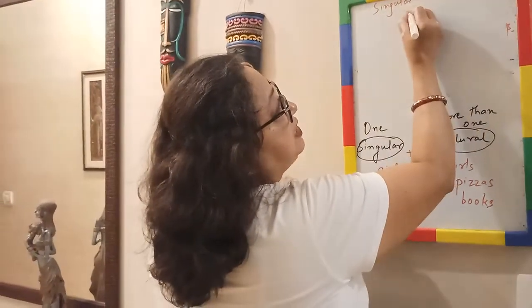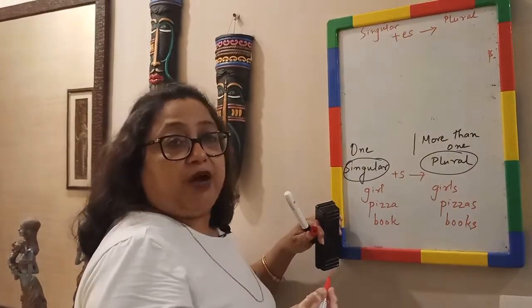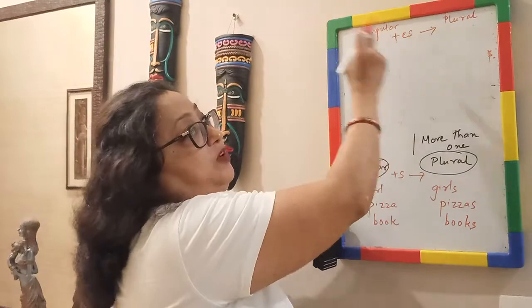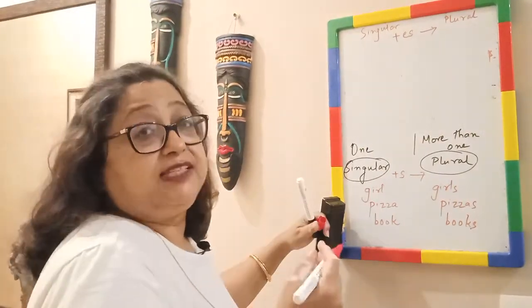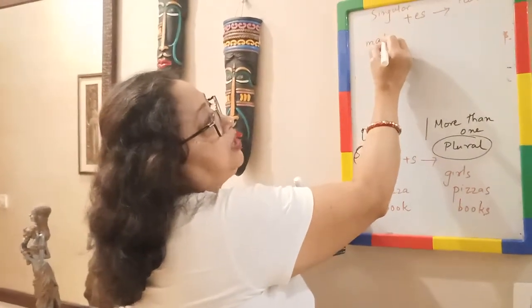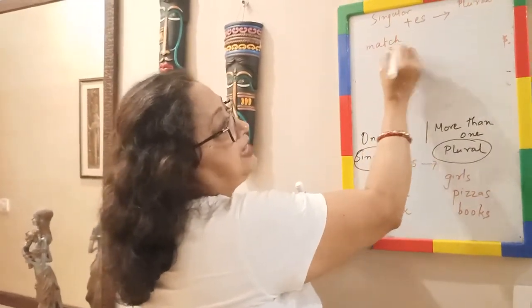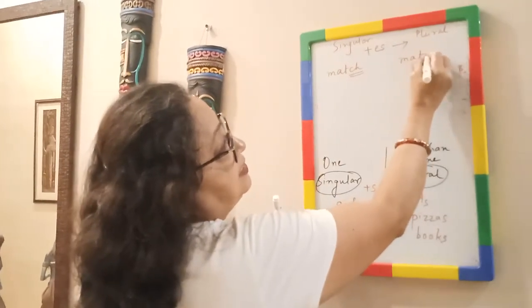After the singular, we will add es to get a plural. What type of nouns will take es to get a plural? For example, the nouns which end with ch. For example, say match, as in a matchbox. That means it has a ch ending. So here it will be matches.